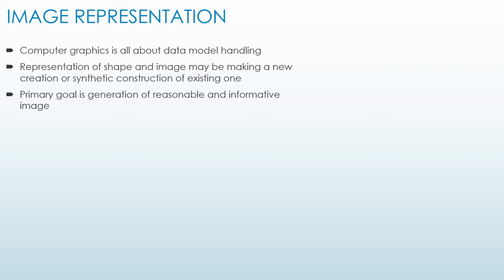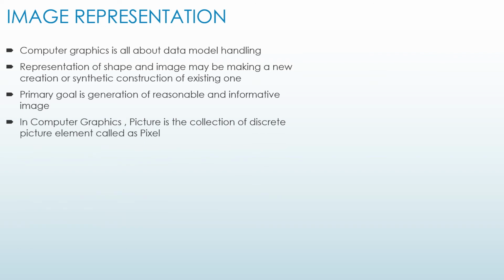It may be a new creation, or taking an older one, removing the things which are not required, synthesizing or exchanging things and constructing a new one. That is also possible. The main goal here is to generate a reasonable and informative image by removing all the noise from that data.